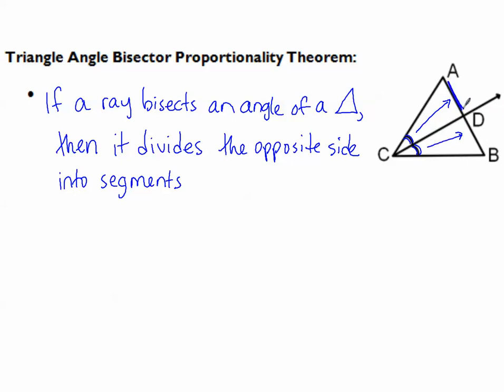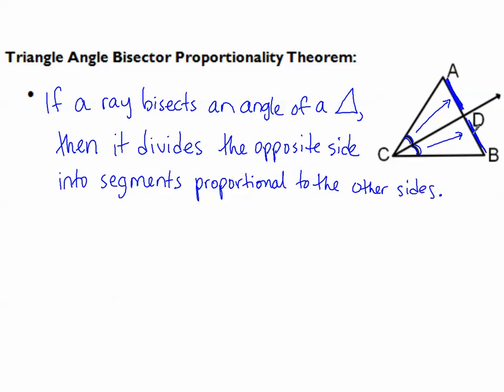So here's a segment AD. Here's a segment BD. It divides the opposite side into segments, and those segments are proportional to the other sides. Here's what that means.